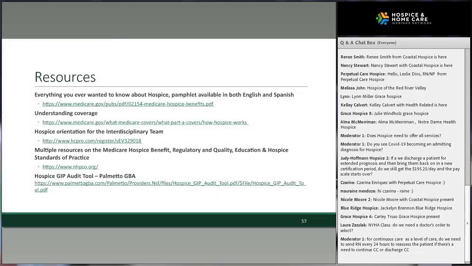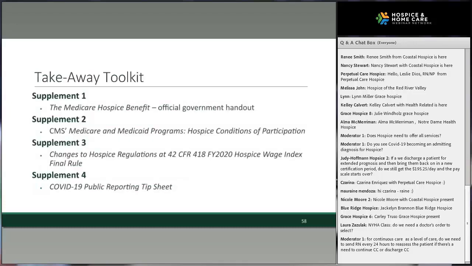Anyway, I provided you with a lot of resources as well, and I did give you the audit tool here for general inpatient. Again, this is provided by Palmetto, but at least it will give you something to work through and look at if you do have general inpatient, so that you know what to pay attention to, what the checklist is, etc. There are some hospice pamphlets, there's coverage, different types of things there.